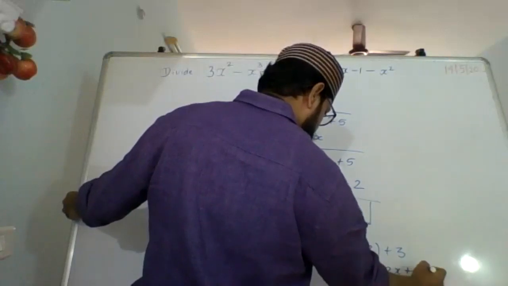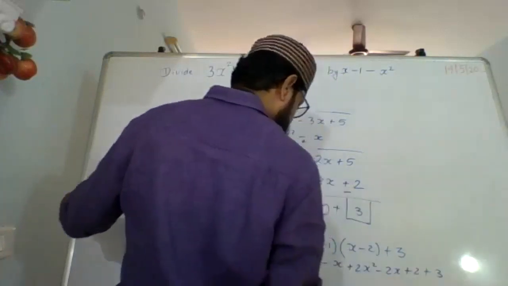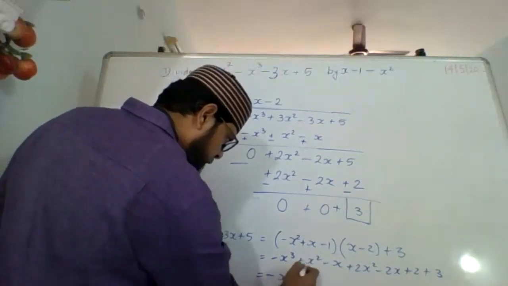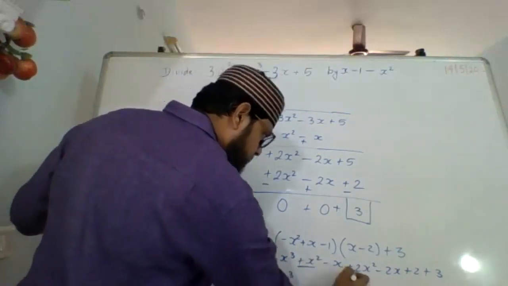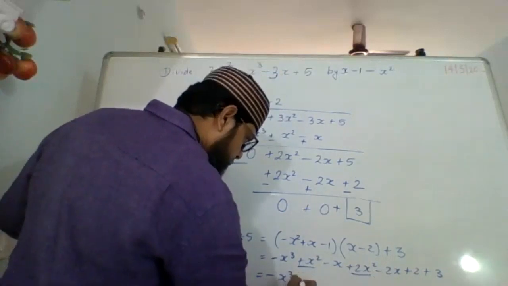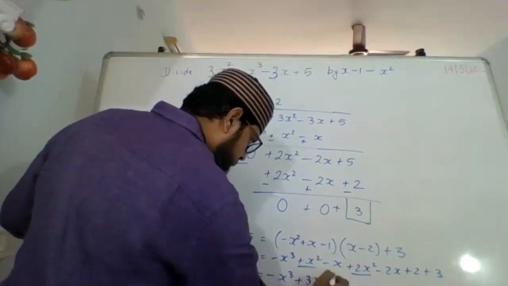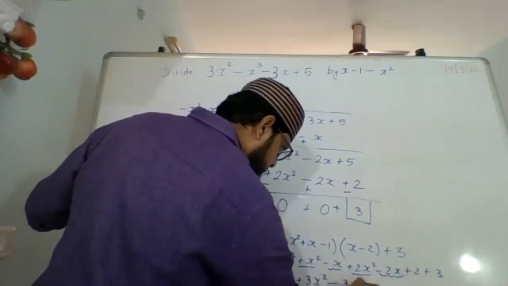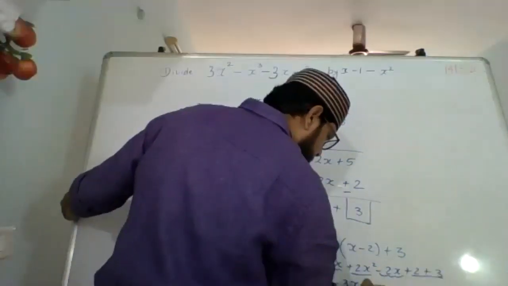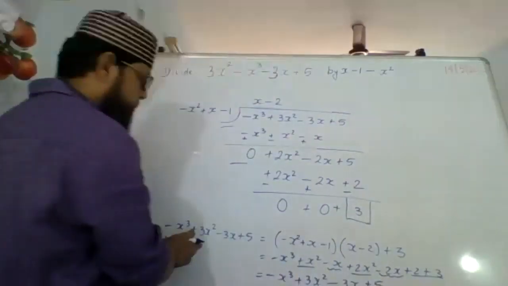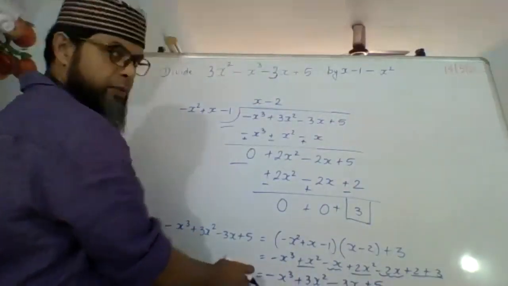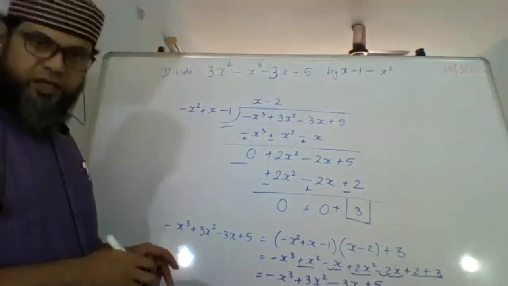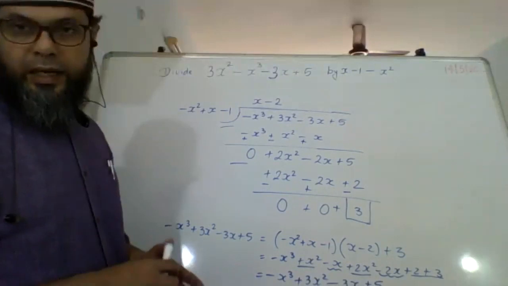Plus 2 plus 3. x cube will remain as it is. Plus x square plus 2x square will give you plus 3x square. Minus x minus 2x will give you minus 3x, and this will be plus 5. Is that clear? So it shows dividend equals divisor into quotient plus remainder.